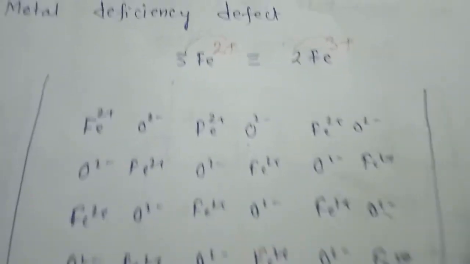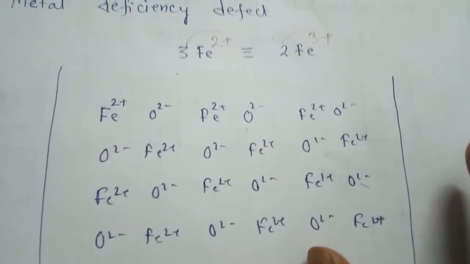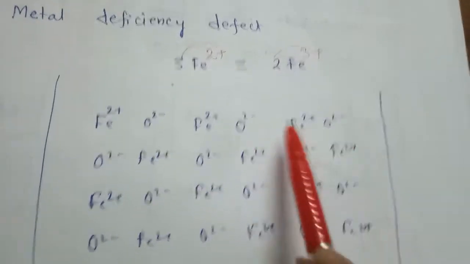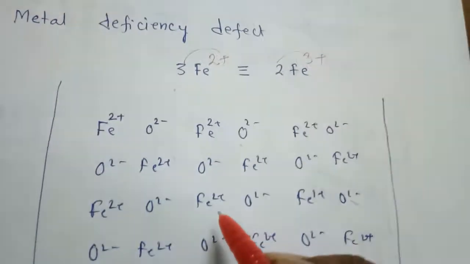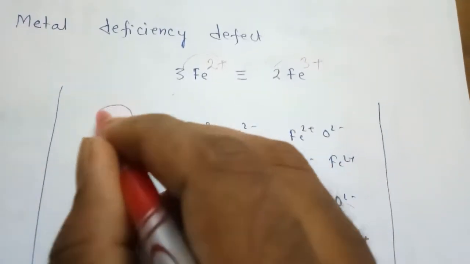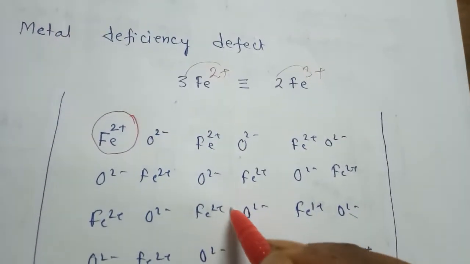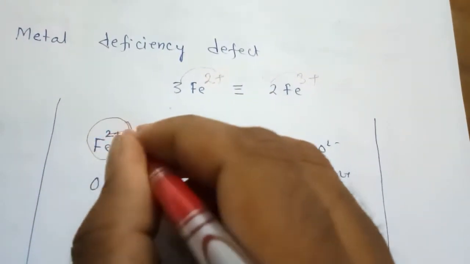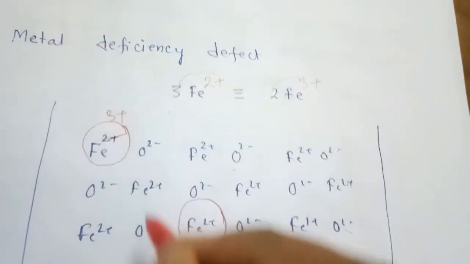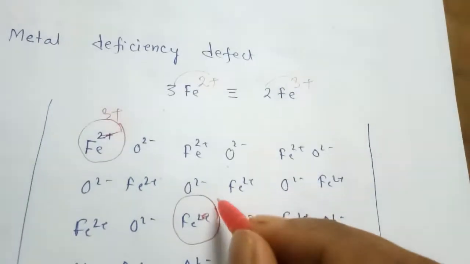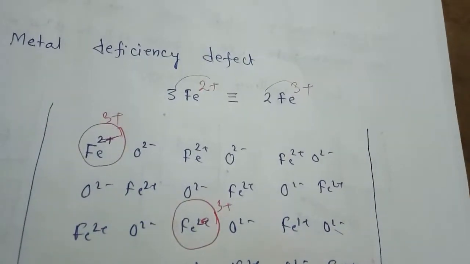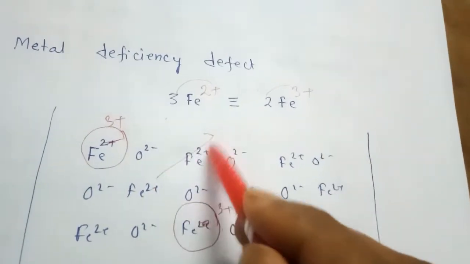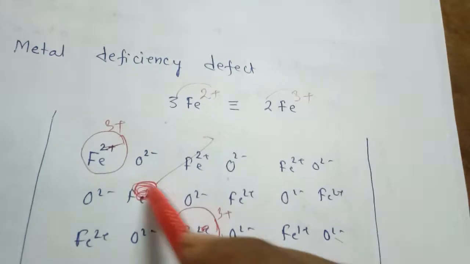Now, if I have to prepare the ferrous oxide crystal, FeO, Fe²⁺ and O²⁻, sometimes it happens that the ferrous, because in air the most stable state of iron is ferric, turns tripositive instead of dipositive. So extra 2 positive charges come. That is why 1 Fe turns out to be missing from the crystal.